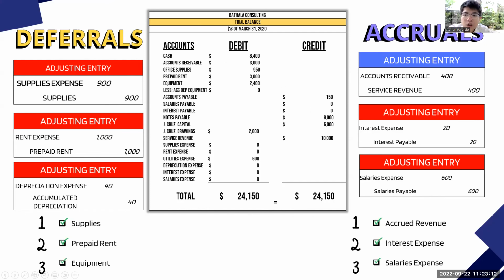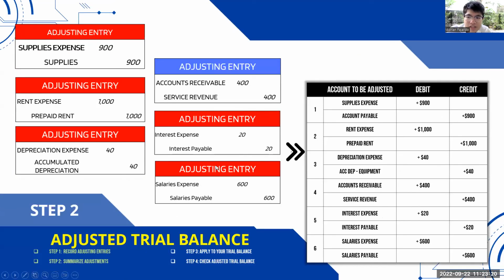So therefore, yung unadjusted trial balance, we have to adjust using the 6 adjusting entries, right? So yung 6 adjusting entries, I basically just created a table wherein I summarized their effects in the debits and the credits, right? So supplies expense, increase, so debit 900, credit 900, etc., right?